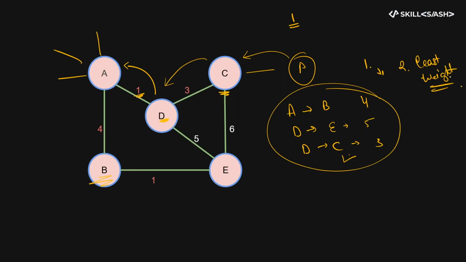So what kind of logic will help us in this one? Priority queue. Yes, one thing is a priority queue, and we keep on pushing all the things into the priority queue.